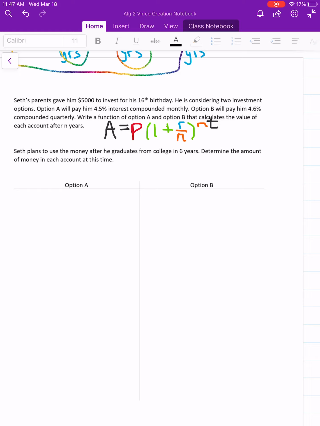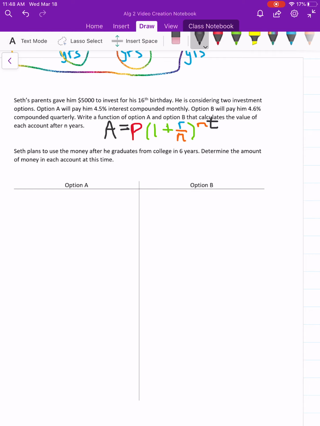Write a function for option A and option B that calculates the value of each account after t years.